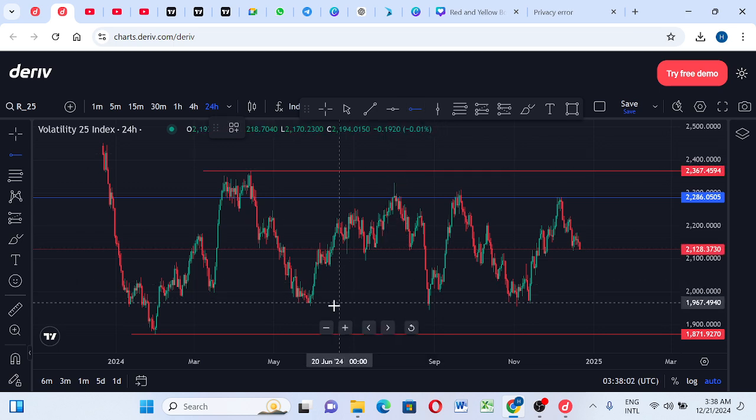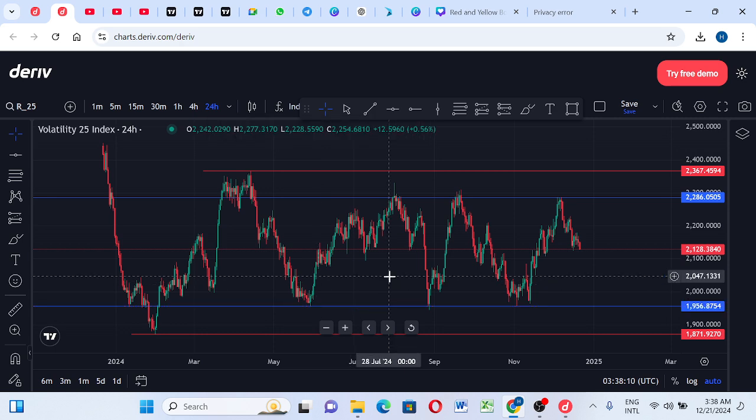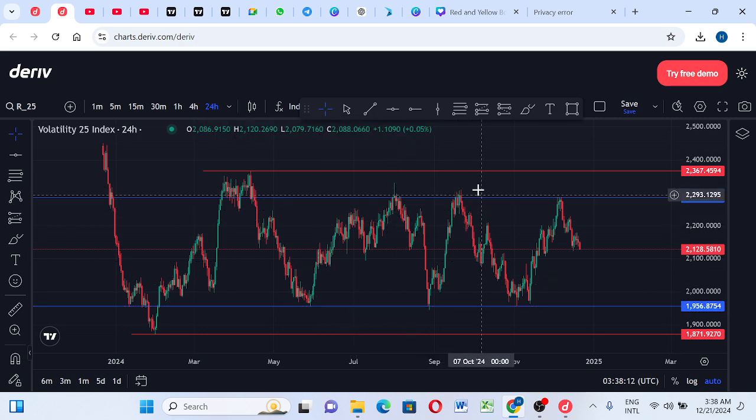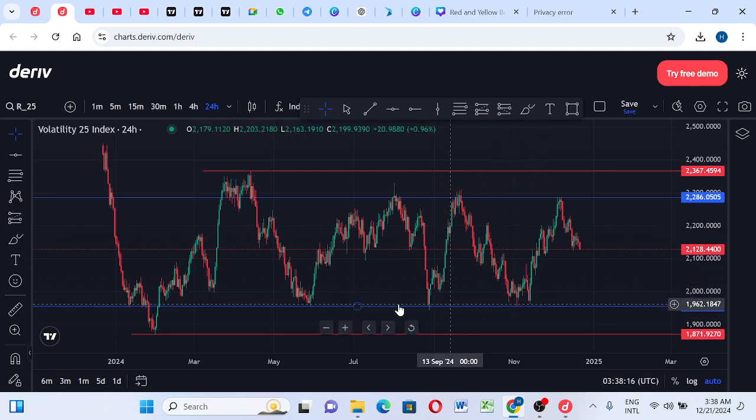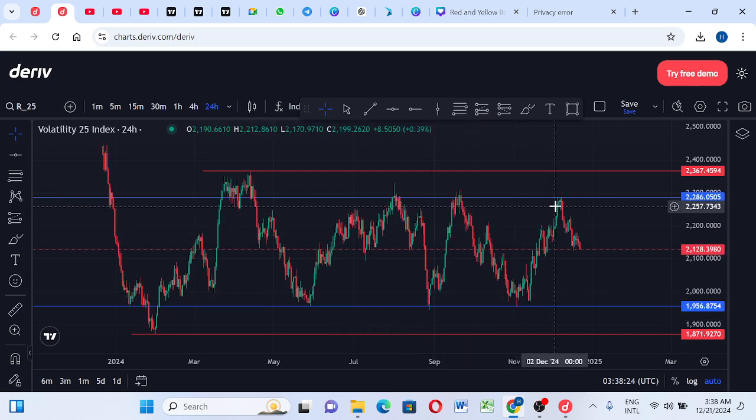That is very helpful information, because if we put this at this point, and put these two at this area again, we'll find out that price got to this point several times. It got here first, rallied to the upside, got here again, rallied to the upside, got here again, and rallied to the upside. So it's very helpful information.